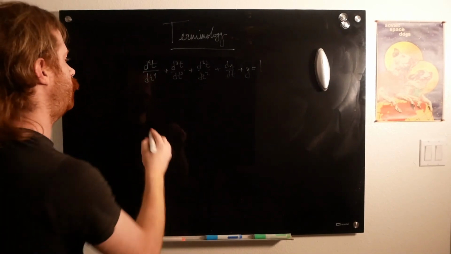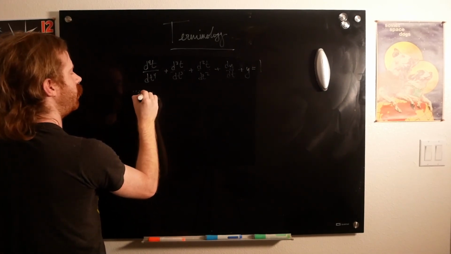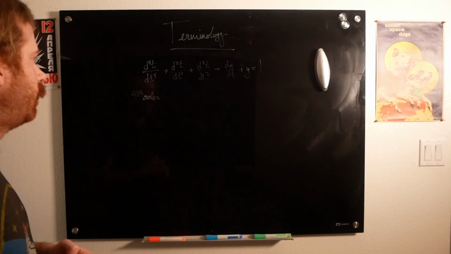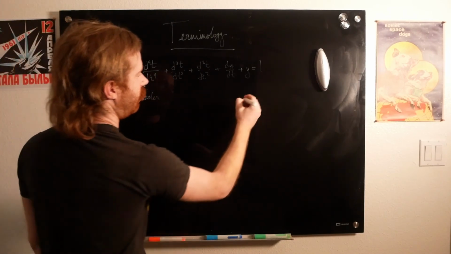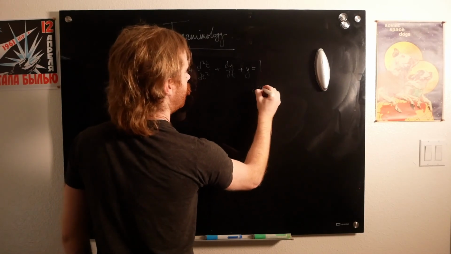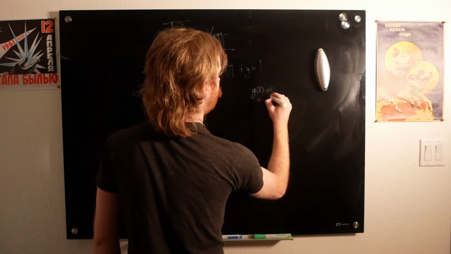It's the highest order, so we know that this is a fourth order differential equation, right? And then what we can also say is that g of t does not equal 0, so it is non-homogeneous.